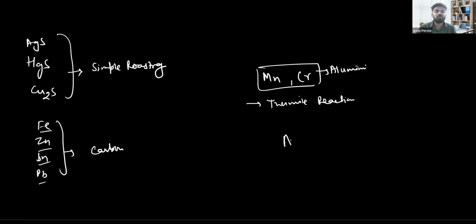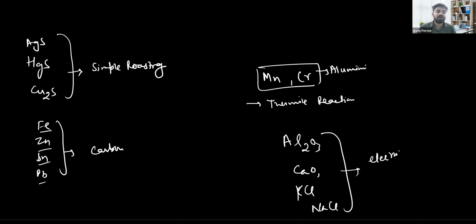And if we have more reactive metals, like aluminium oxide, Al2O3, KCl, NaCl, calcium oxide, then these can be reduced with the help of electrolytic reduction. Now we have obtained the pure metal.